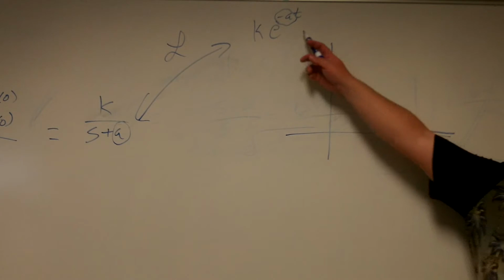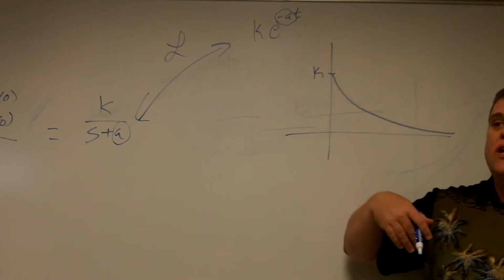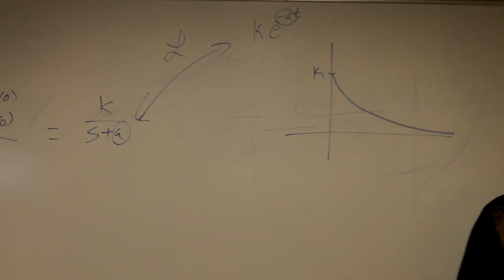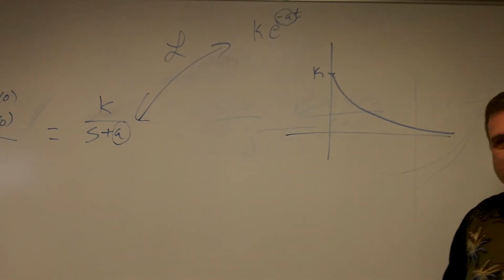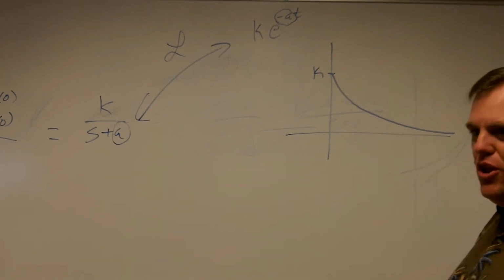So the only thing a is determining, once you know that a is positive, is how fast. What happens if a is a really small positive number? Really slowly. Yeah, it's going to decrease really, really slowly.